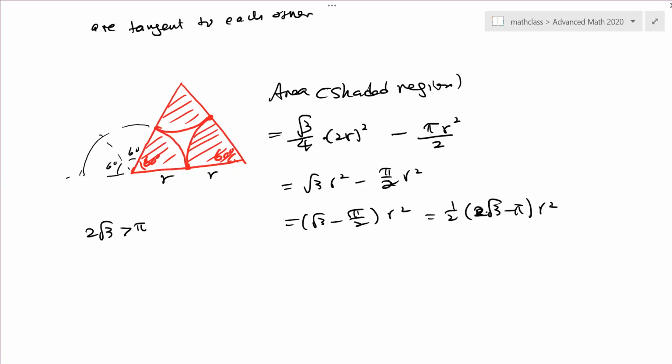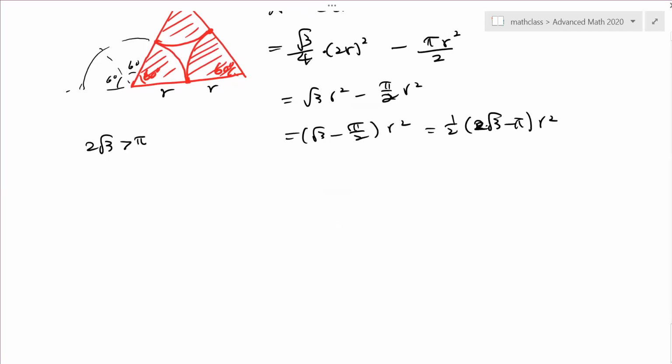What else can I do? I still use these 3 congruent circles. This time, I'm going to put a belt on that, tight. I want to find the area of this.